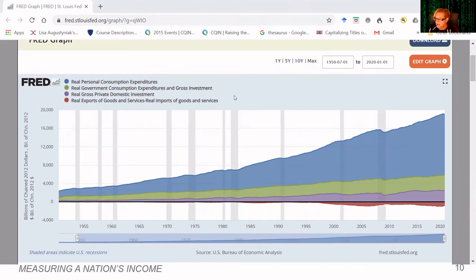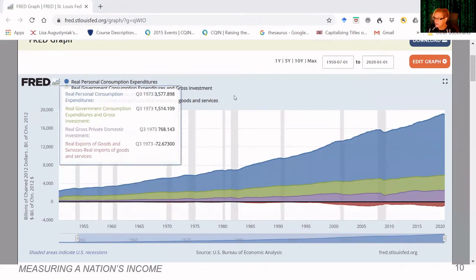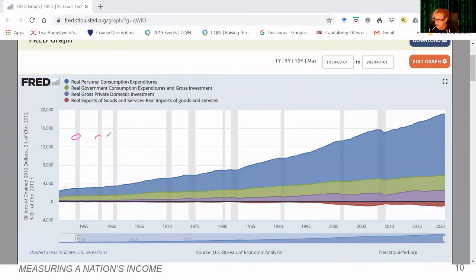Notice also, this is a Federal Reserve Economic Database, and there's a few things I just want to show you. Notice that all of these gray areas are periods of recession, when we have had three or more quarters of decline. This is in billions of chained 2012 dollars. Essentially what we're doing is expressing these in 2012 dollars at those prices, because remember that market prices change. That's one of the issues of doing nominal GDP.